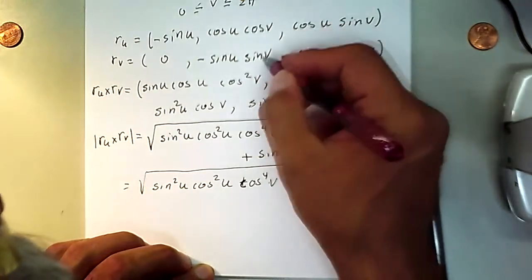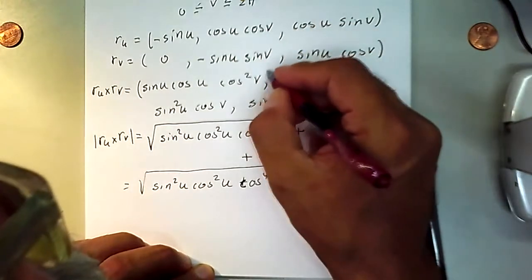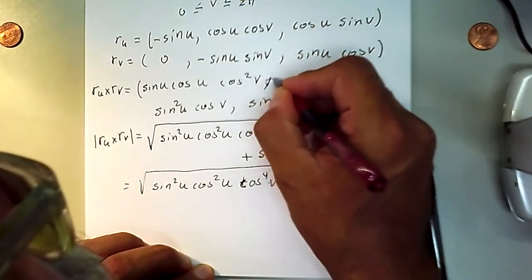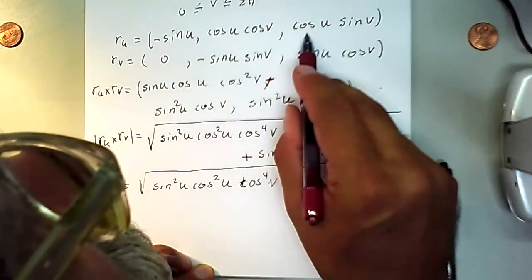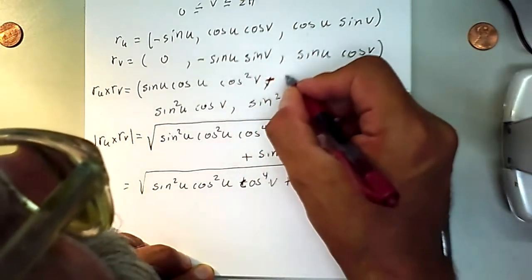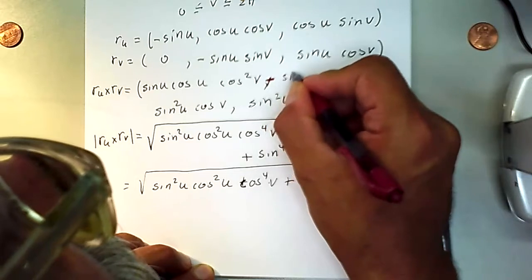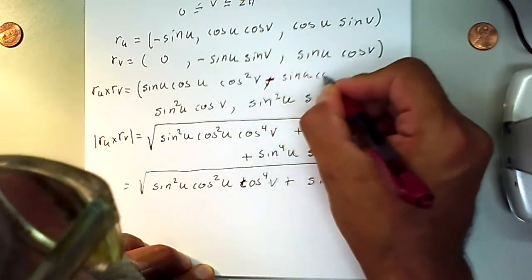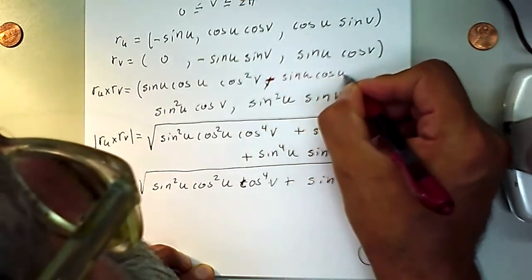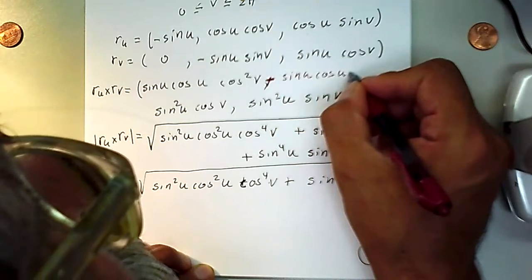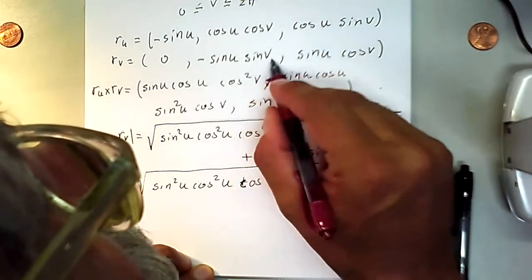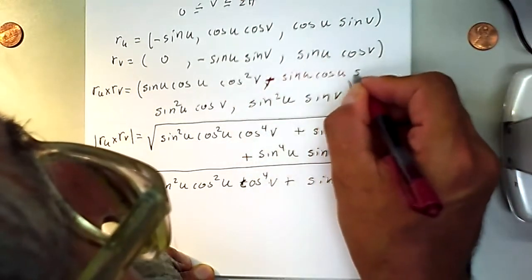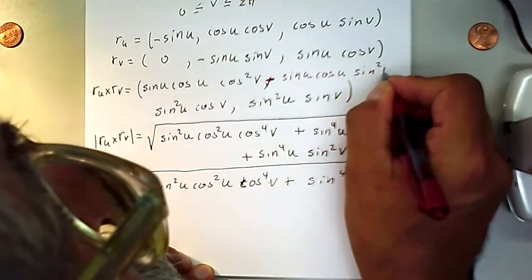There's another product missing, so we have to add sine u cosine u sine u cosine u sine squared v.